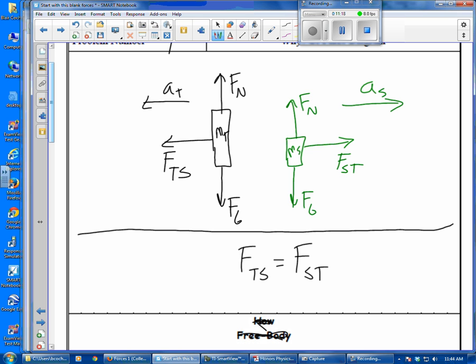Some of you might want to look at that just to compare to what you had. But that has all the necessary forces. S for sister. Everything in green has to do with the sister. Everything in black has to do with Tom.